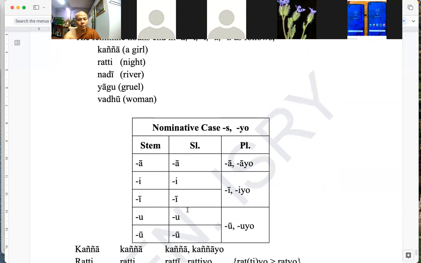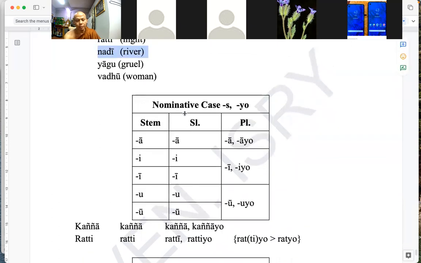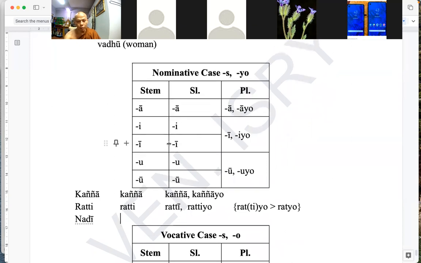Okay, and then another form is ending in the long E, nadi. So this nadi, ending in the E. So this E in the plural form, you see nothing changed.